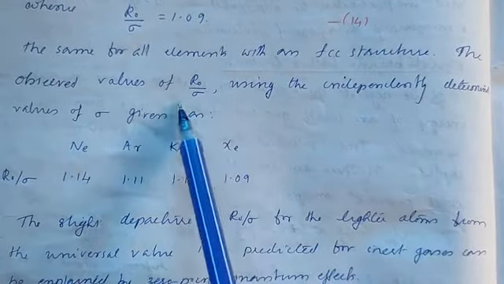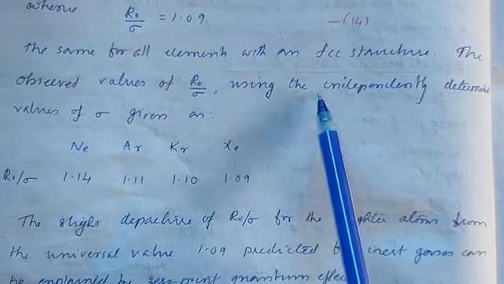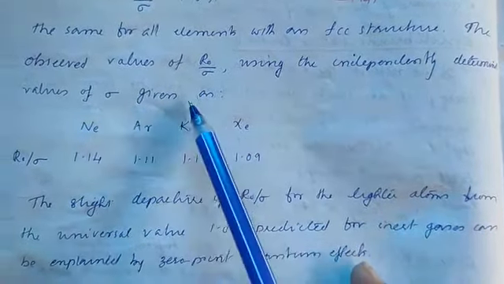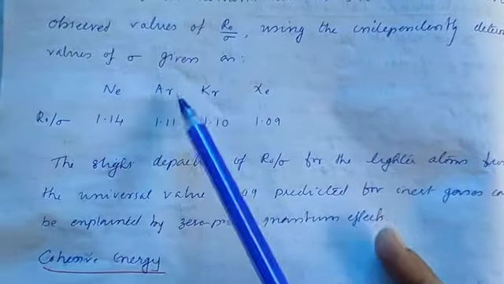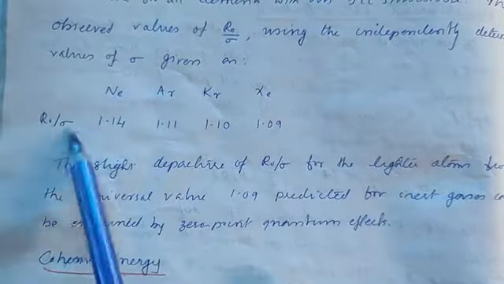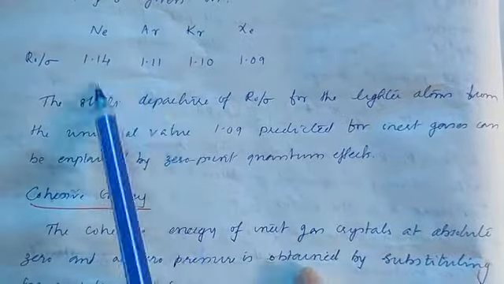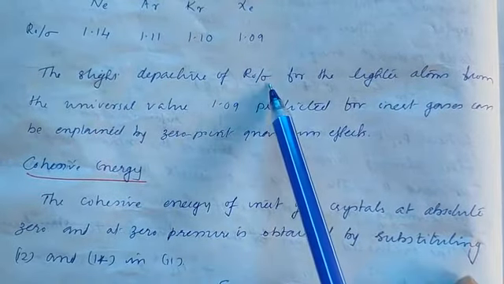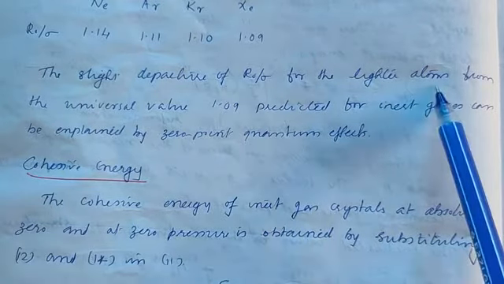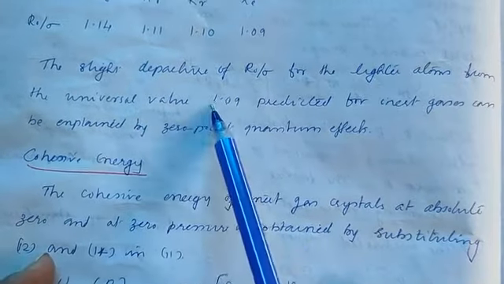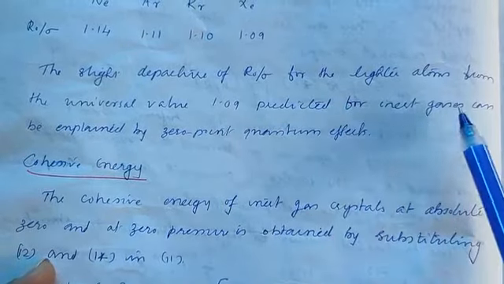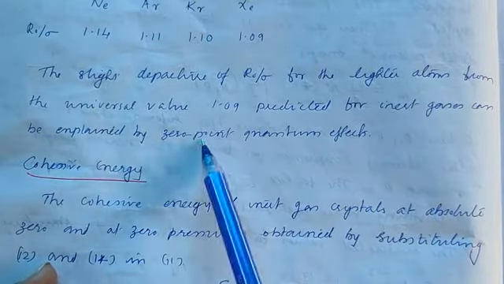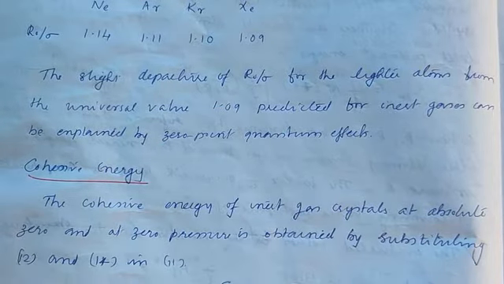The observed values of r0 by sigma, using independently determined values of sigma, are given here for neon, argon, krypton and xenon. The slight departure of r0 by sigma for the lighter atoms from the universal value 1.09 predicted for inert gases can be explained by the zero point quantum effect.